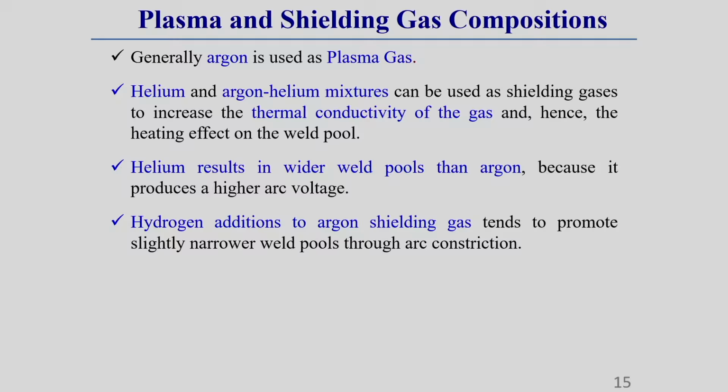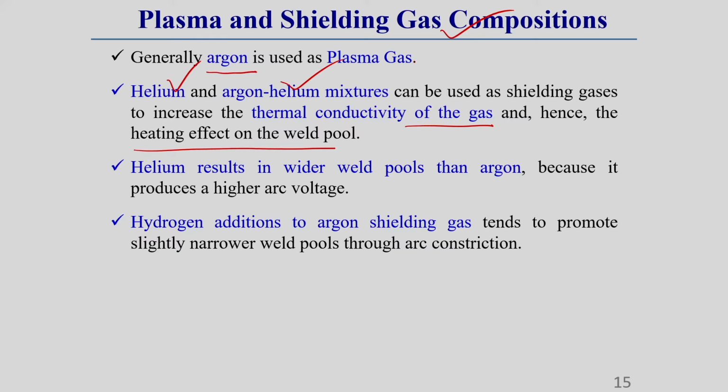Now, what are the compositions of the plasma and shielding gas? As I have always told you, argon is generally used as the plasma gas to generate the plasma arc, whereas helium and argon-helium mixtures are generally used as shielding gas, because they increase the thermal conductivity of the gas, and hence affect the whirlpool heating.